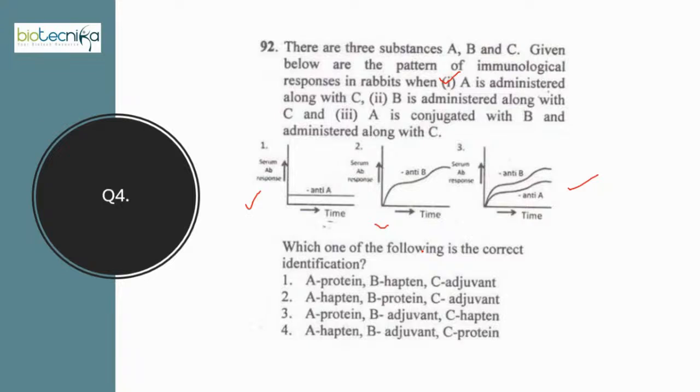So how will I define a hapten? A hapten is a molecule that reacts with a specific antibody but is not immunogenic by itself. It can be made immunogenic by conjugation to a suitable carrier.